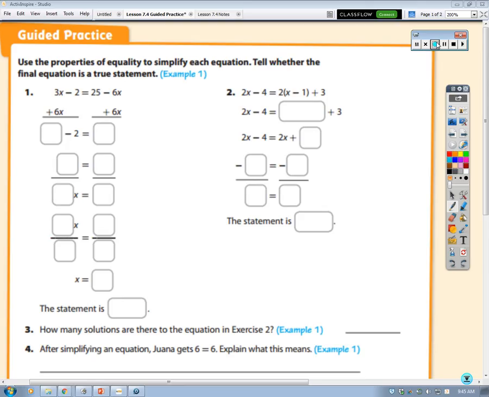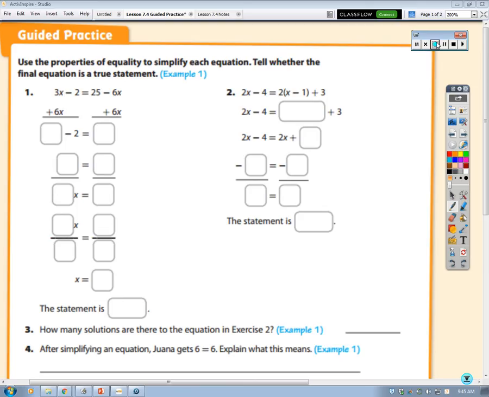Every equation that you have solved up to this point had how many solutions? 1, right? Because it always ended with x equals a number, right?